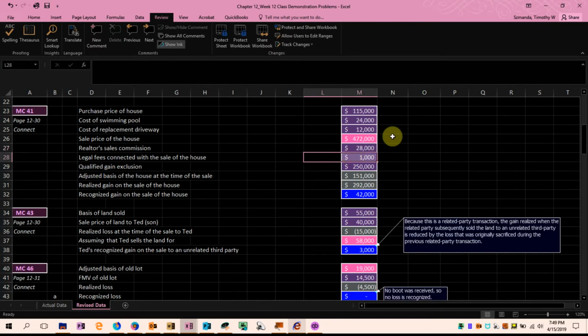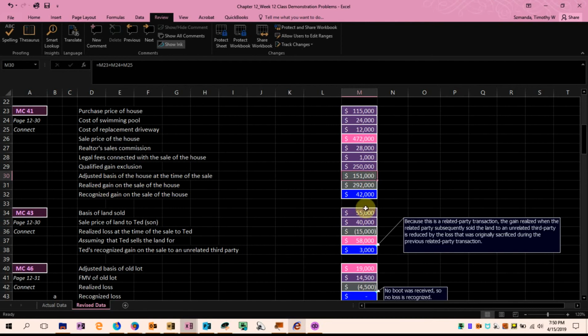So what we're trying to do then is calculate the gain and then compare that to the exclusion amount of $250,000. Well, I broke it out a little bit here. I said the adjusted basis of the house at the time of the sale is going to be, as I said earlier, the $115,000 plus the cost of the pool of $24,000 plus the cost to replace the driveway of $12,000. That builds up the basis to $151,000.